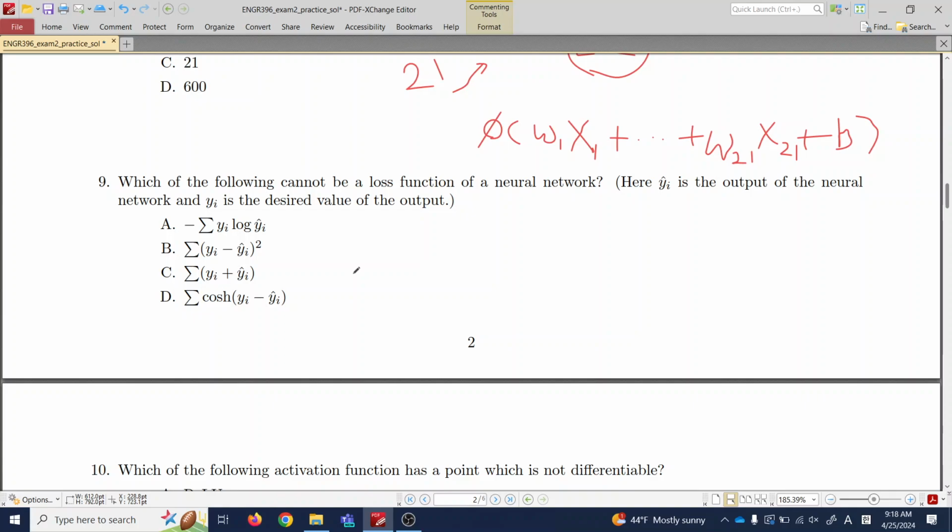Can we review that? Can anyone explain how neural networks learn? What does it do? It takes in a lot of data. It computes the gradient.